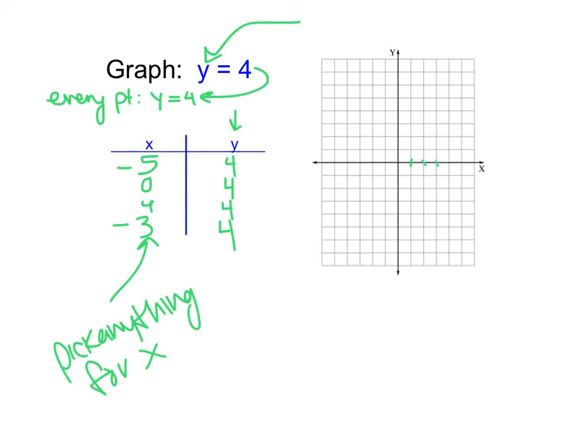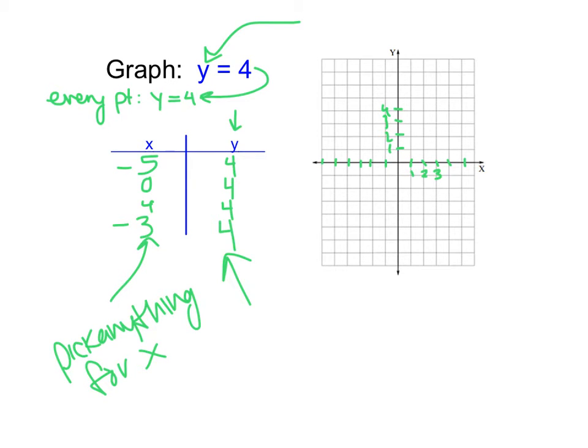Then from here, we're going to label. So these are all going to be worth 1. So we'll do 1, 2, 3, so we can see that. And then here, we're going to have each of these worth 1 as well. So what we're going to do is we're just going to go, we know that y has to be 4, and we picked whatever values we wanted for x. So we're going to plot each point.